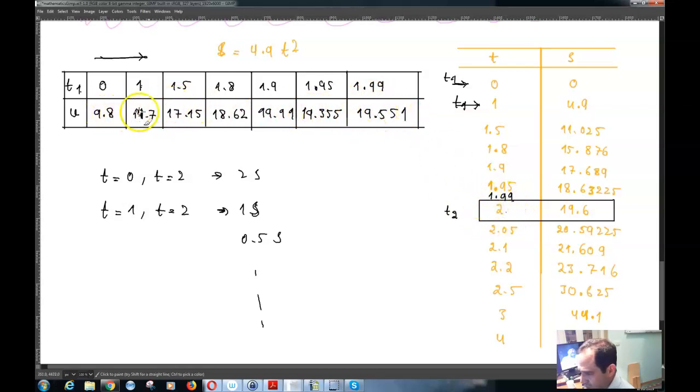As you're making the time intervals smaller and smaller, these numbers are tending towards one single number, like 19.11, 19.355, 19.555, and so on and so forth. It's around 19.5 or so.